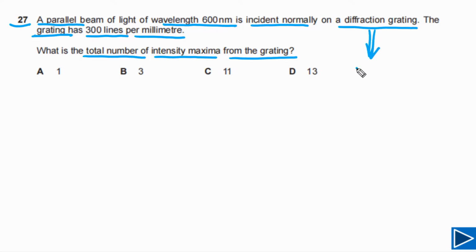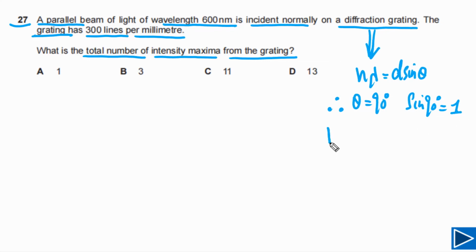So it simply means that we can use n lambda is equal to d sine of theta. The question is asking us about the total number of intensity maxima. We have to consider an angle of 90 degrees. For intensity maximum, we have to use theta 90 degrees. And sine of 90 degrees is equal to 1.